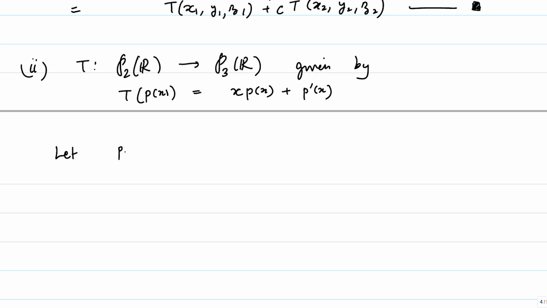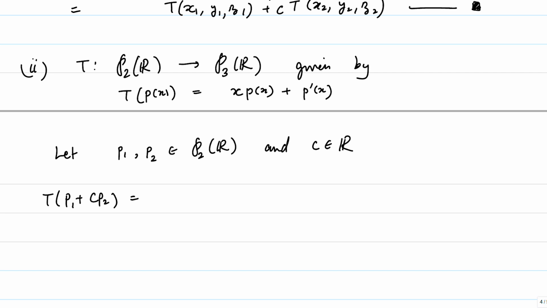Let p1, p2 be two polynomials of degree less than or equal to 2, and suppose c is a real number, an element from the field of scalars. What is T of p1 plus c p2?